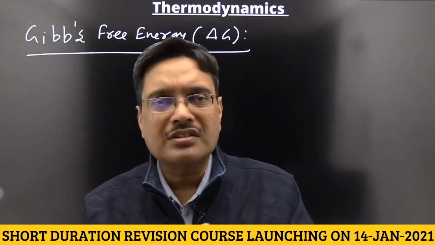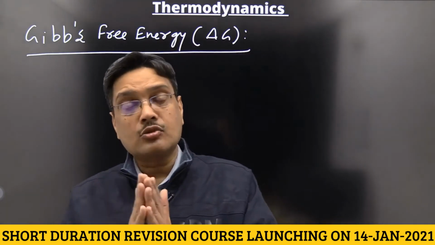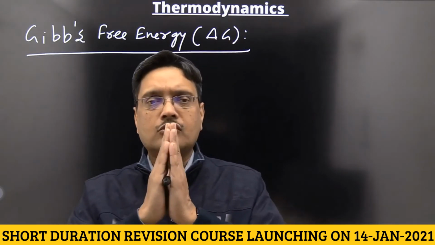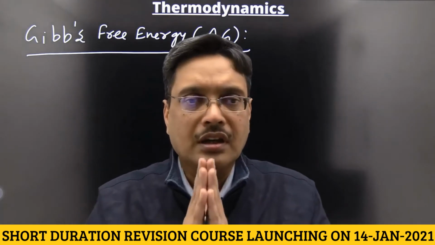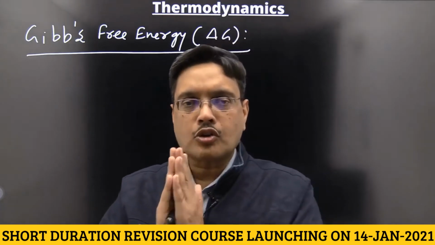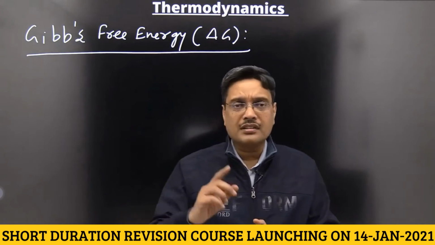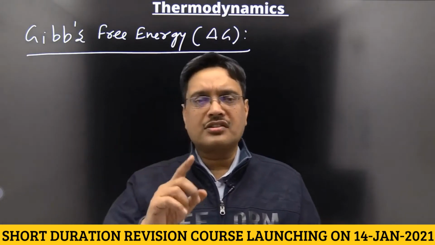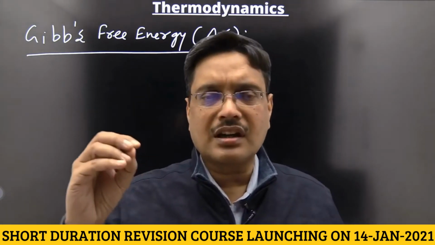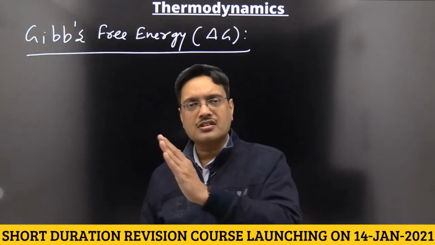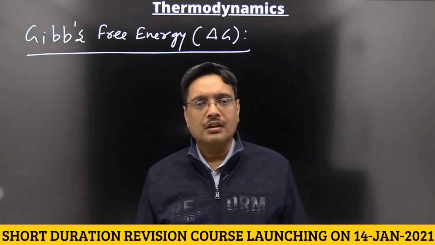According to the second law of thermodynamics, delta S total also decides the spontaneity, but it cannot be calculated, so it is a theoretical concept only. If delta S total is positive, then the reaction is spontaneous. If delta S total is 0, then the system is at equilibrium, and if delta S total is negative, then the reaction is non-spontaneous.